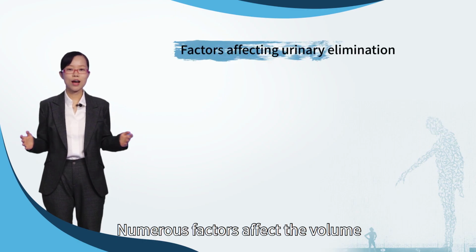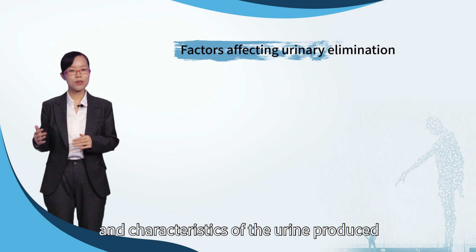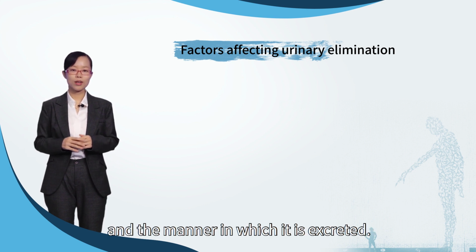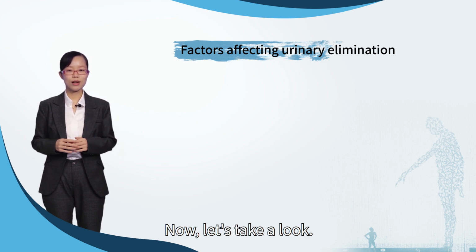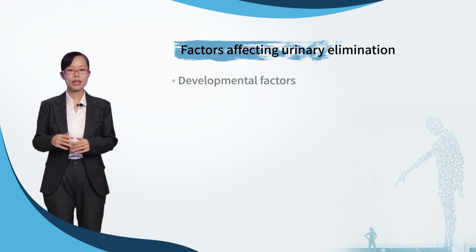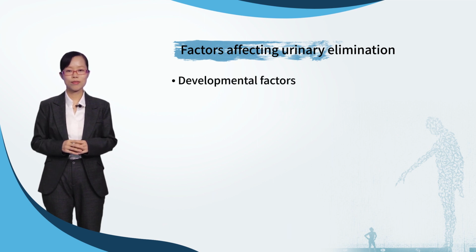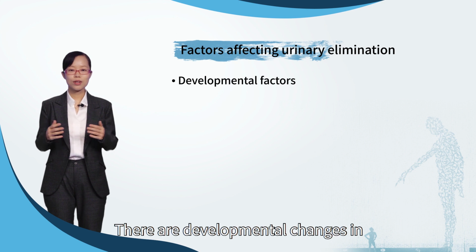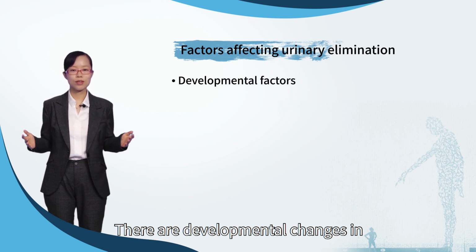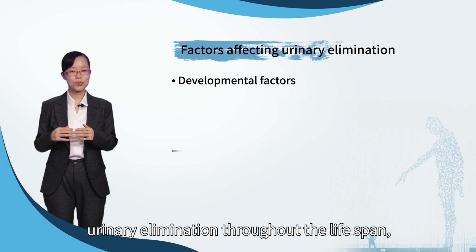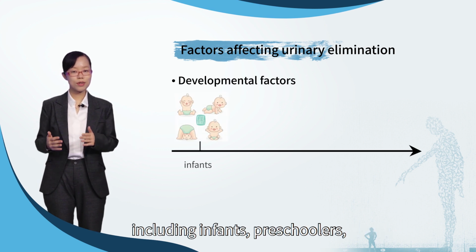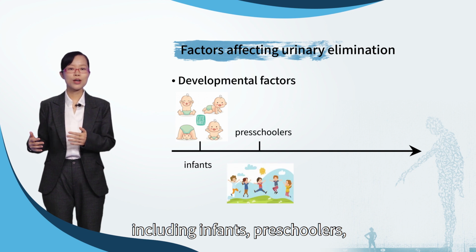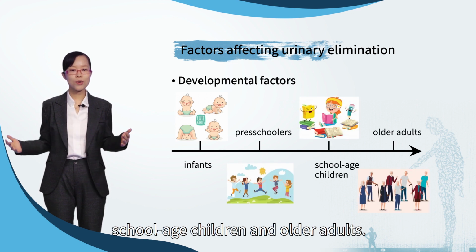Numerous factors affect the volume and characteristics of the urine produced and the manner in which it is excreted. Now let's take a look. Developmental factors. There are developmental changes in urinary elimination throughout the lifespan, including infants, preschoolers, school-age children, and older adults.